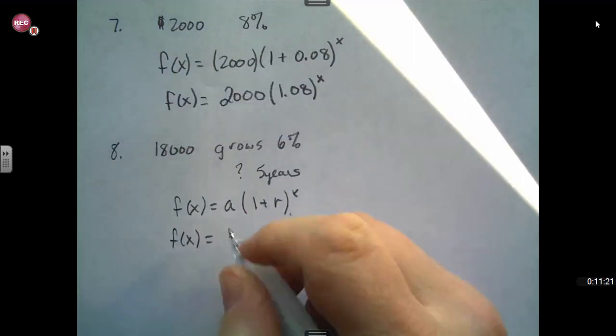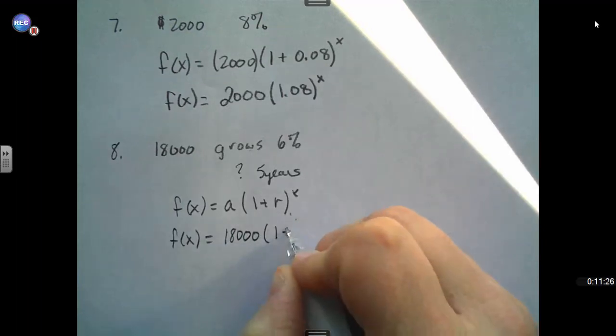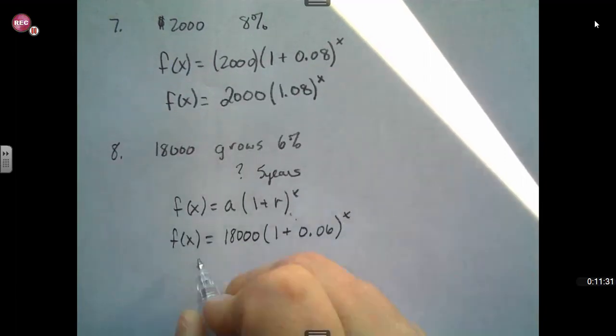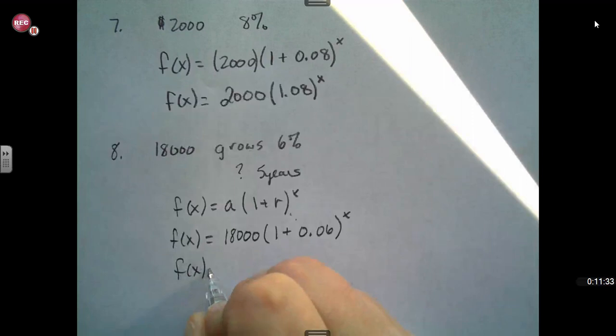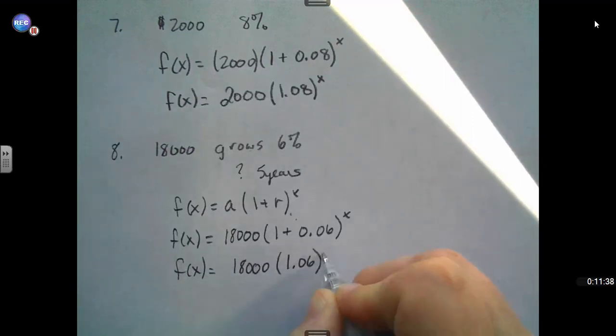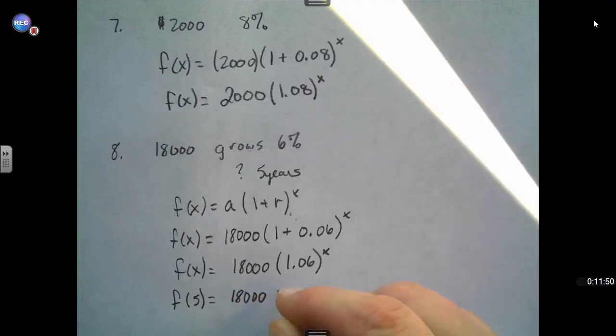So our initial value is 18,000, and 1 plus 0.06. And if I clean that up, I get 18,000 times 1.06 to the x. And I want to know what the population is going to be in 5 years. So f of 5 is 18,000 times 1.06 to the 5th power.